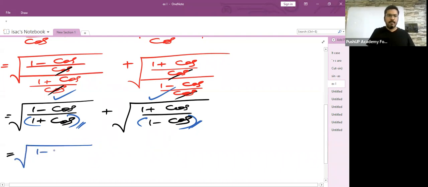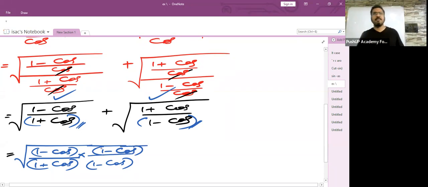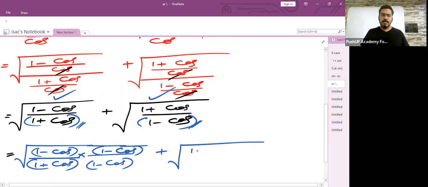Square root of 1 minus cos upon 1 plus cos, you're going to multiply it with 1 minus cos, and here also 1 minus cos. Understood, Sachin? Multiplying the numerator and denominator with 1 minus cos. Put the plus sign. Square root of 1 plus cos upon 1 minus cos, and this time you're going to multiply with 1 plus cos.